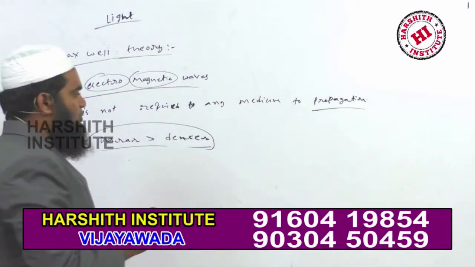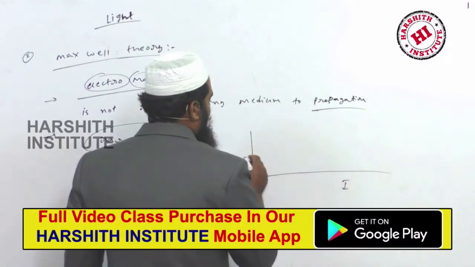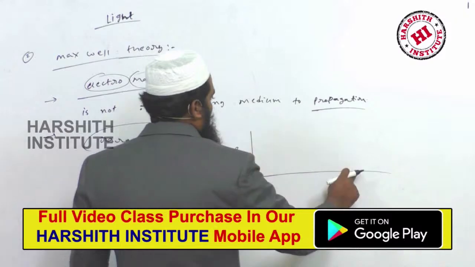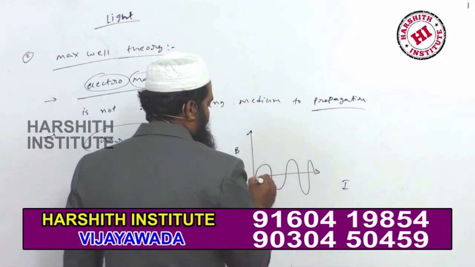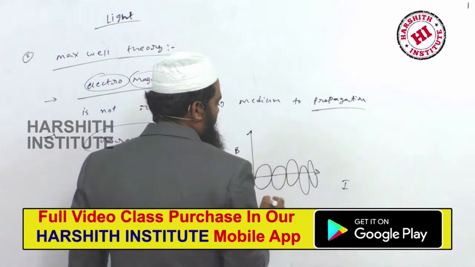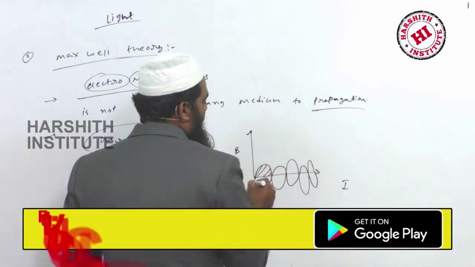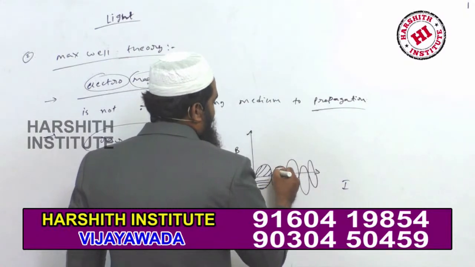So this is electricity E, this is magnetism B. So the waves can be released in this type of pattern also. Both are perpendicular to each other.